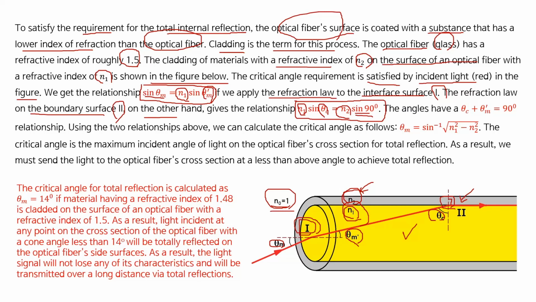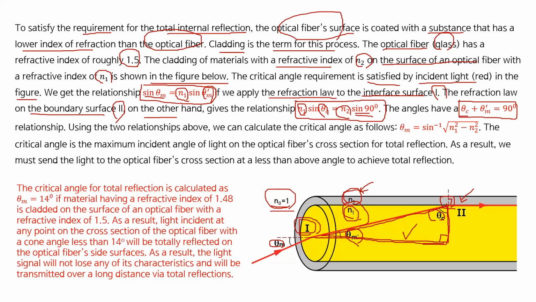And also we can have the angle relationship. In this triangle, this angle is 90 degrees. So the sum of theta C and theta M prime should be 90 degrees.